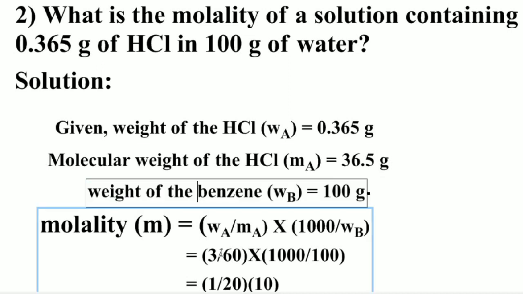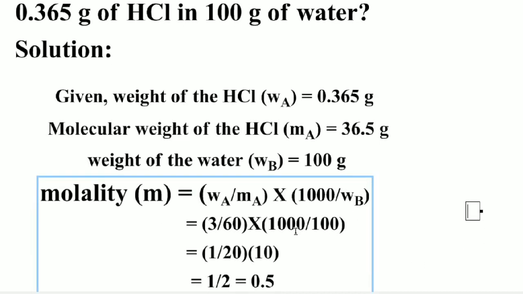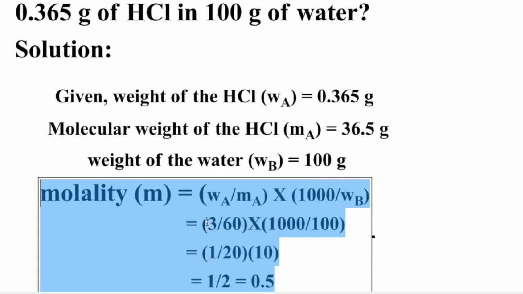Similarly, here the solvent is water, so the given weight of the water, WB, is equal to 100 grams. So you can substitute all these values in our molality formula.